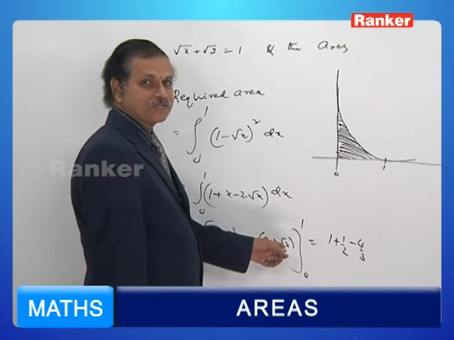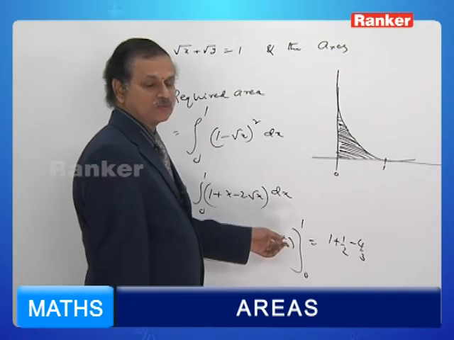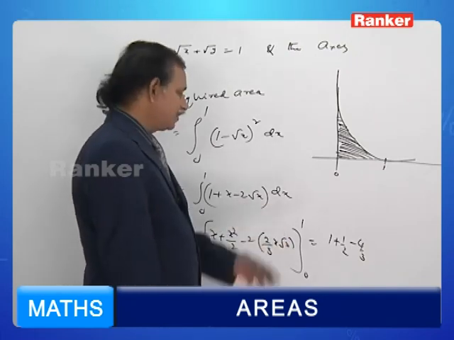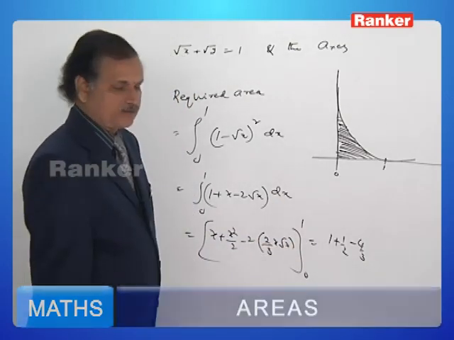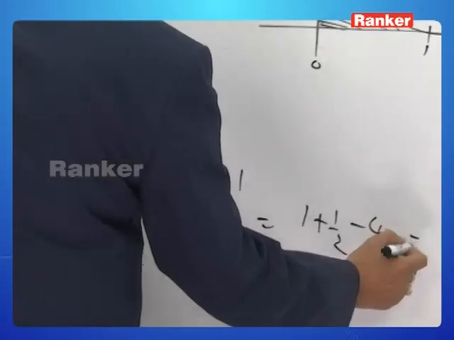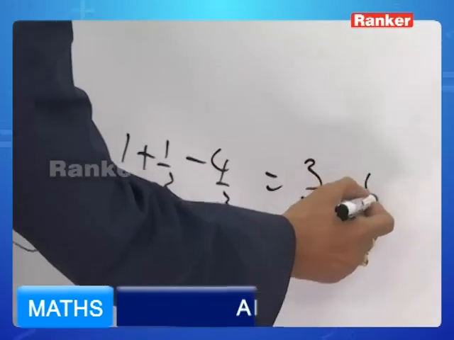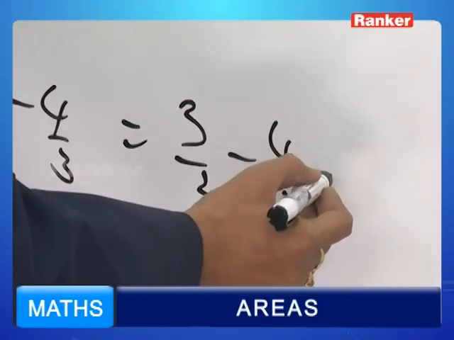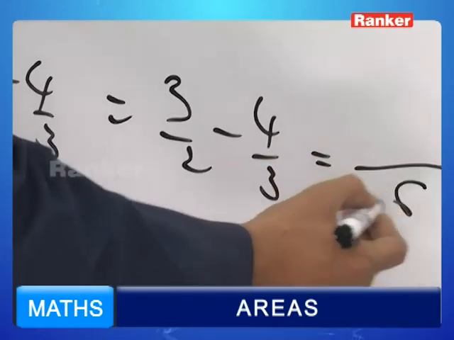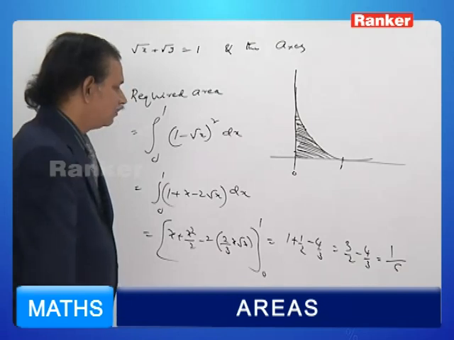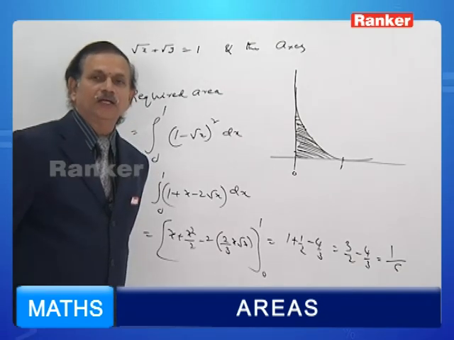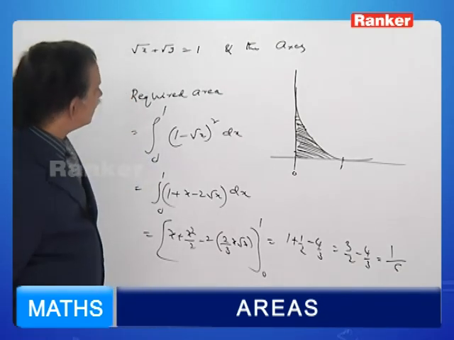We are substituting 1 in the place of x, that is, we are using the upper limit first. Minus, if you put x equal to 0, ultimately it will be 0. Hence, this is 3 by 2 minus 4 by 3. LCM is 6. 9 minus 8 is 1 by 6. So, here also, again, the answer has become 1 by 6.